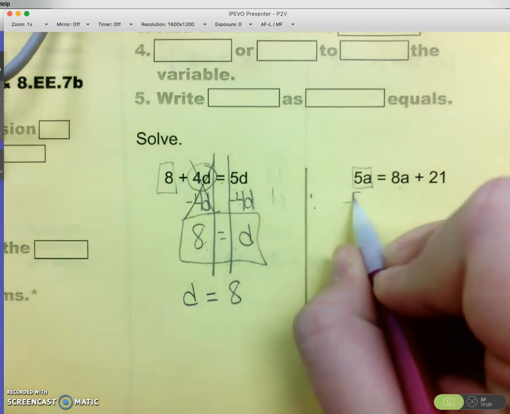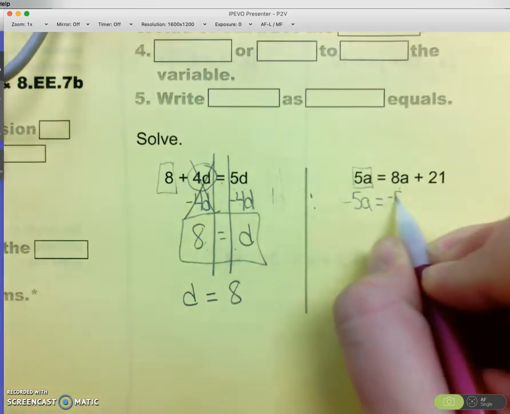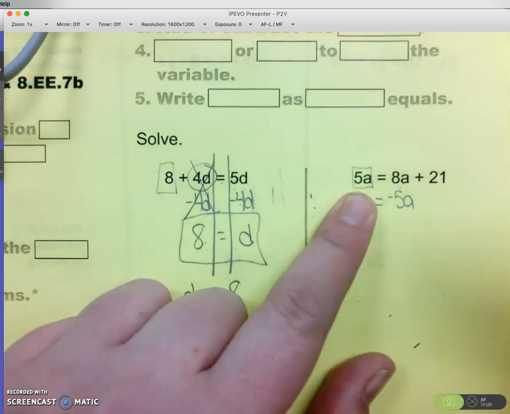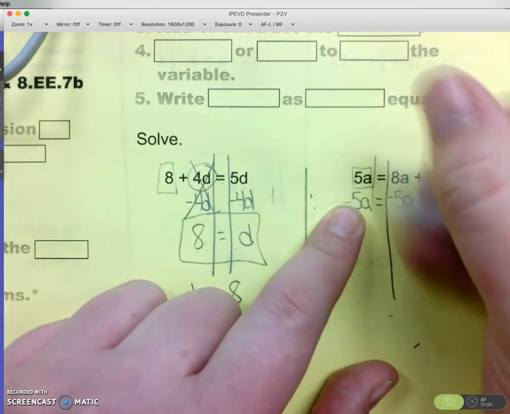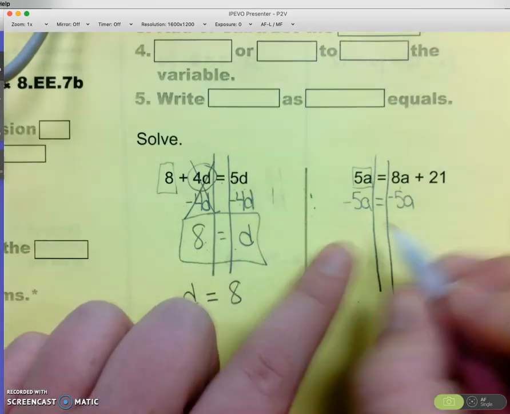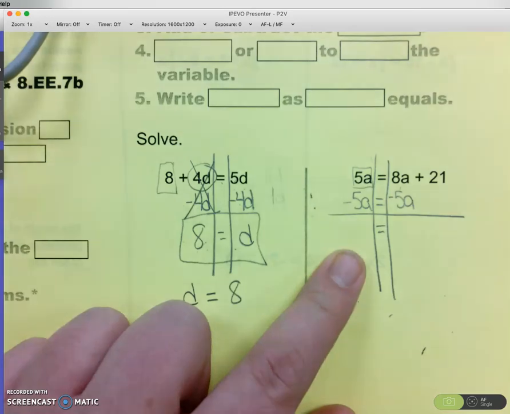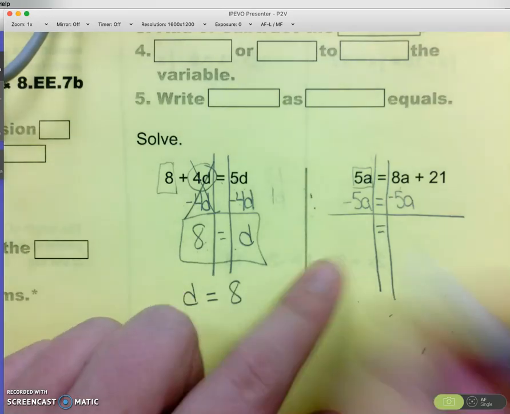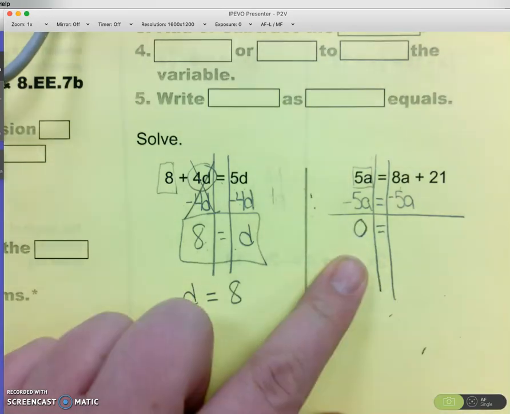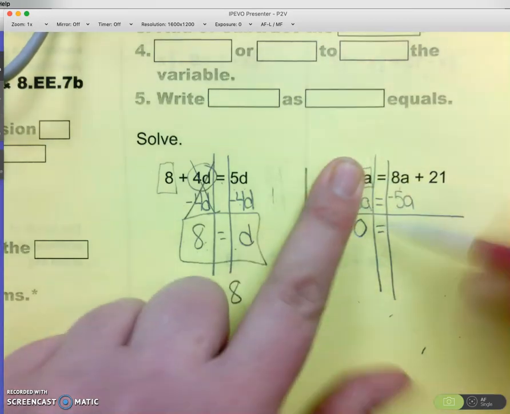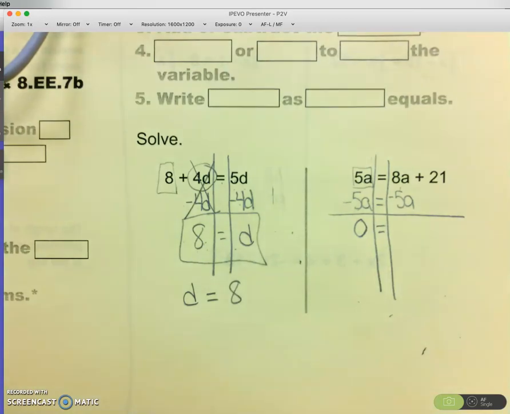So I'm going to subtract 5a from both sides because I want to get rid of a positive 5a. It cancels out. What's left on the left side then? Nothing. 0. This is a common mistake where kids will be like, oh, 5 minus 5, that just leaves the a left. No, it's 0a, which is just 0.